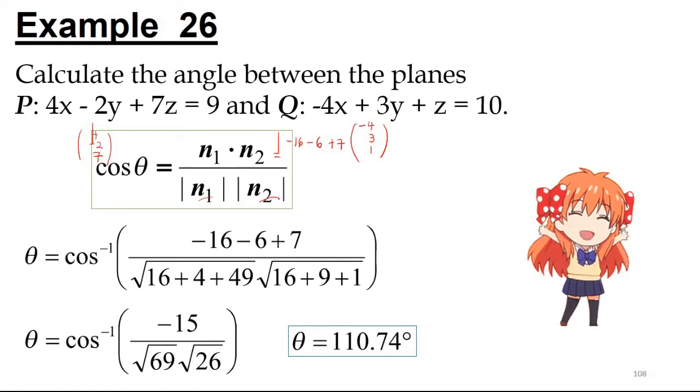Okay, that is how to find the angle. Remember, we find the normal with the normal. So exercise 26, I believe you can do it on your own. I just give the final answer, which is 57 degrees and 57 minutes.